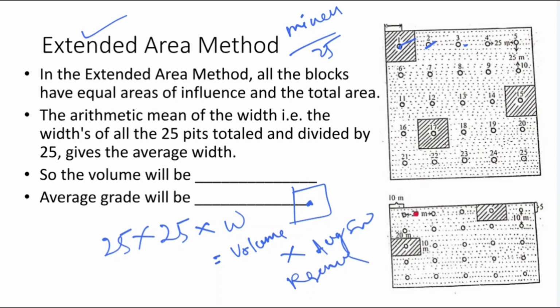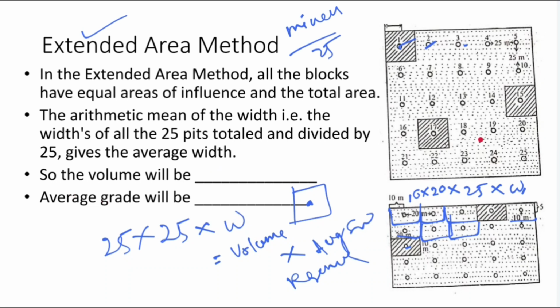This is the rectangular excluded method. For each thing you take 10 into 20, into total 25, into average width. This is the extended area method.